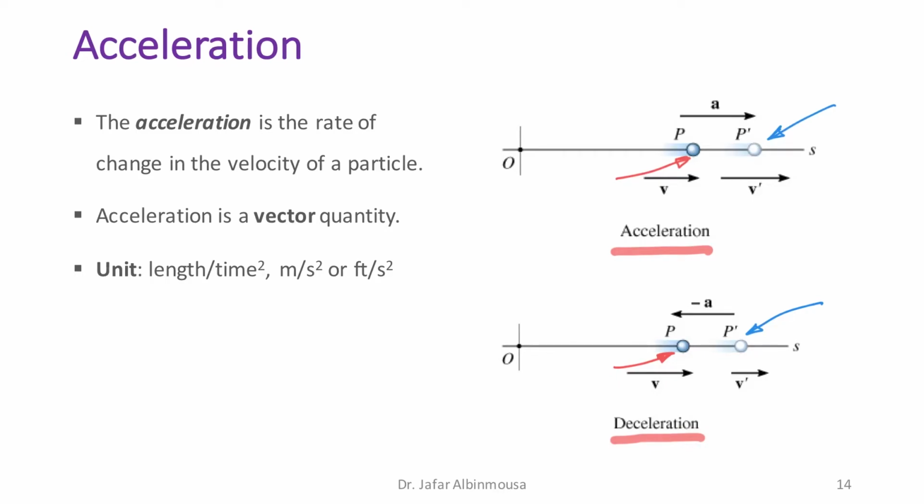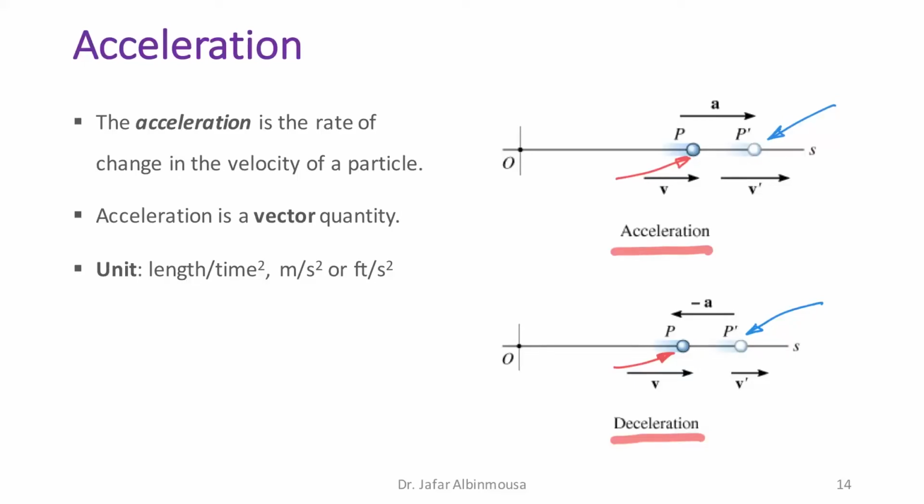So representing this by the arrow, if you look at this arrow, it is longer than this. So the particle is still moving to the right-hand side, but its velocity is decreasing with time. And for that, we are going to have the acceleration pointing backward, opposite to the direction of the motion.